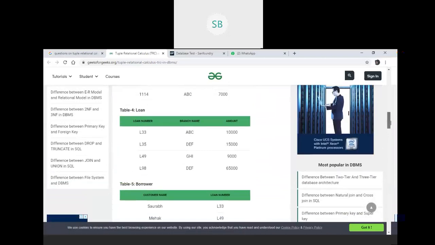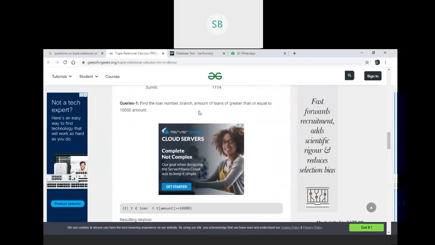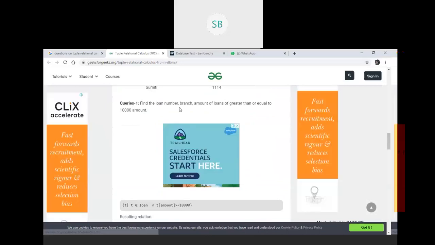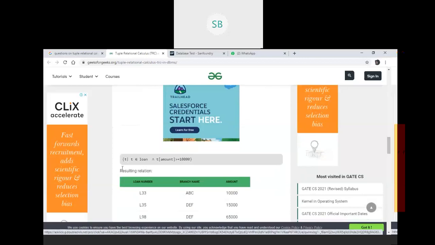So everything is mentioned, right? We will only use one table, that is the loan table.